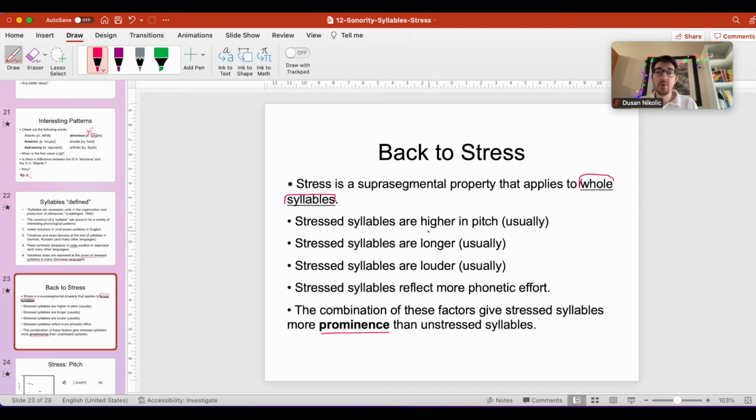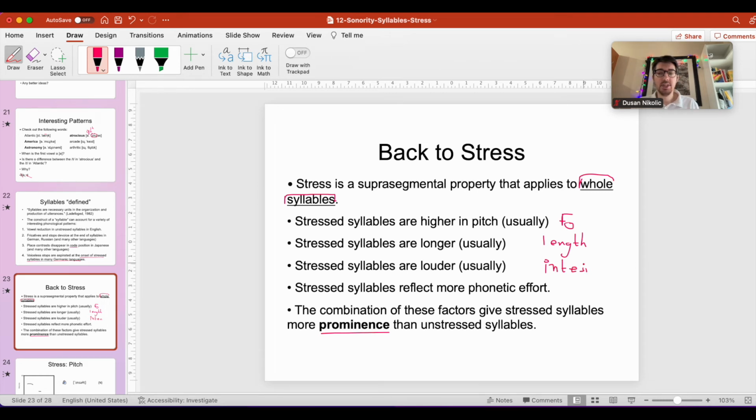Now we know what frequency is, F0, in acoustic terms, or fundamental frequency. We know what length is now. We talked about quantity in certain languages, and we know that length is very important in those languages, and in English as well for stress, right? We now know what intensity is. We talked about intensity, so we know how to talk about it.